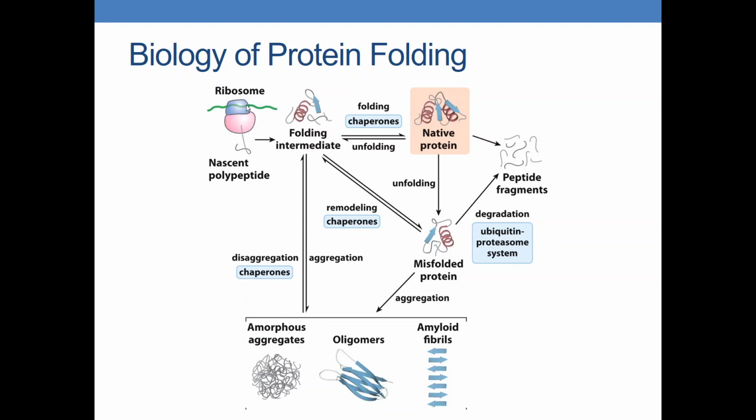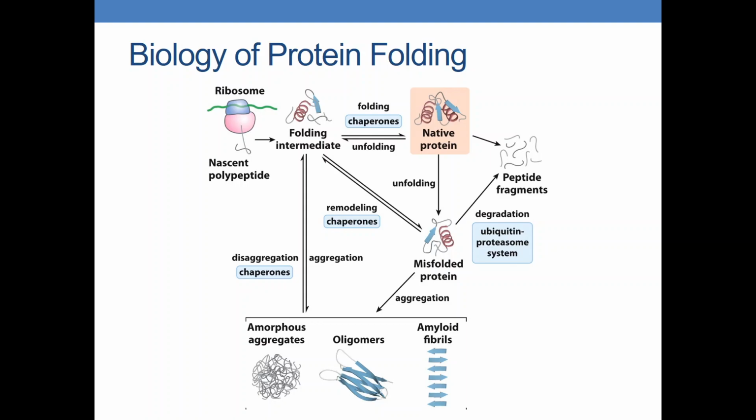It's chugging along, synthesizing a new or nascent polypeptide or protein. And when it's done, that polypeptide is going to leave the ribosome. So at this stage, it's largely unstructured. The polypeptide or protein, it's, in my mind, basically a floppy noodle that has no real structure. So how do we go from there to our functional protein?